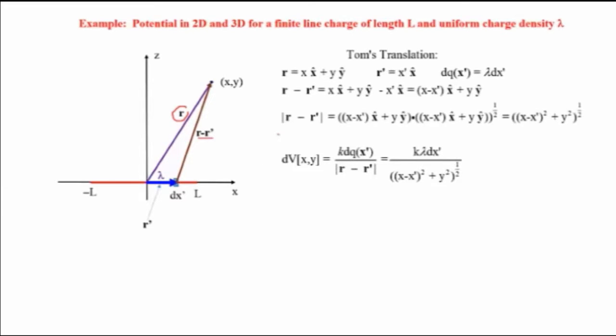So here's my translation. If you take the vector r and express it in Cartesian coordinates, here's the x component, here's the y component. The r prime component just takes the distance x prime from the origin to the little element of charge. The element of charge, dq, is equal to lambda dx prime.